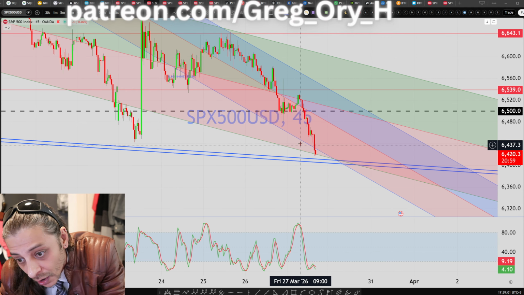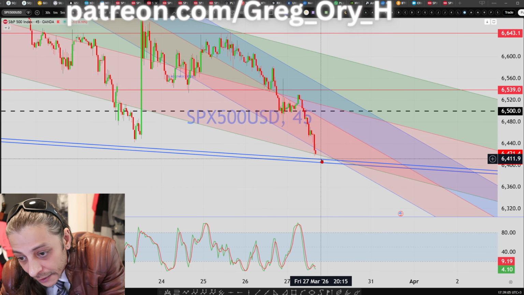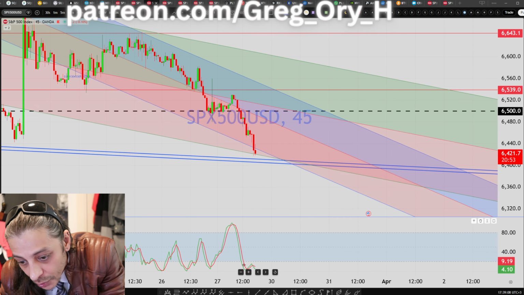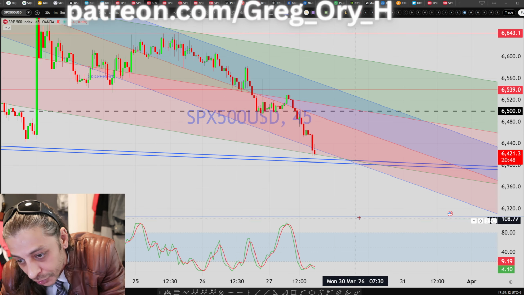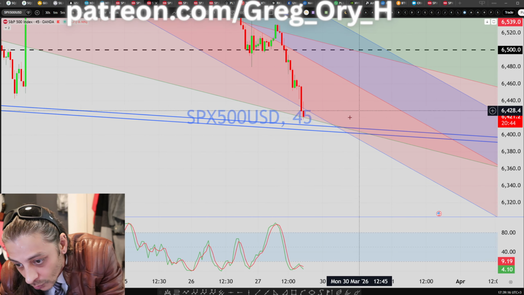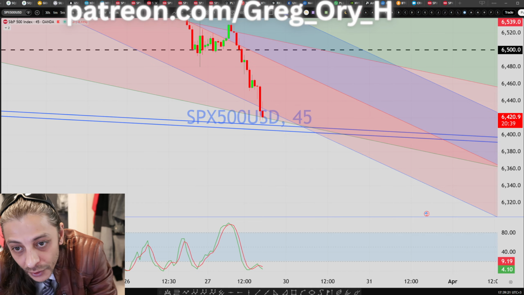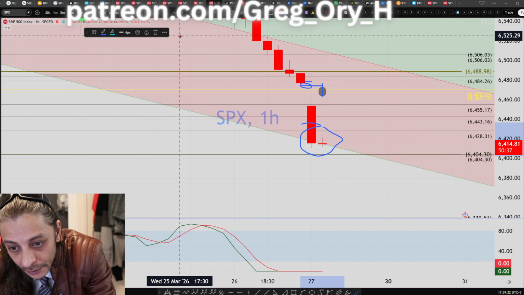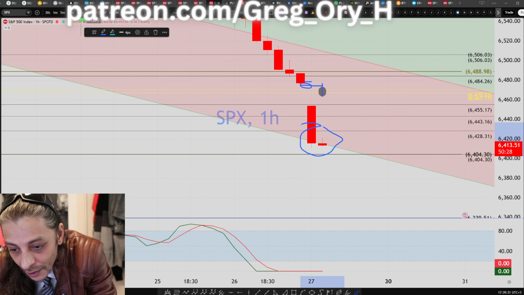In fact, we're kind of stuck in this little wedge, but presumably sooner than later, given how this momentum is set up, that 45 minutes is bearish and implying a continuation of a downtrend, sooner than later we will see a retest of that channel, while simultaneously testing our own parallel and respective levels on the regular SPX, simply because that was our continuous futures contract, which slightly differs from our day-to-day SPX.